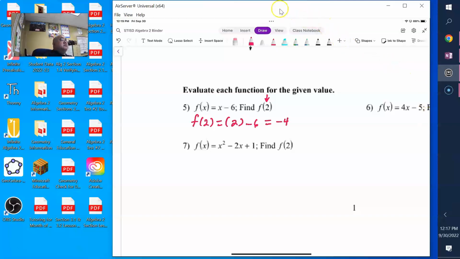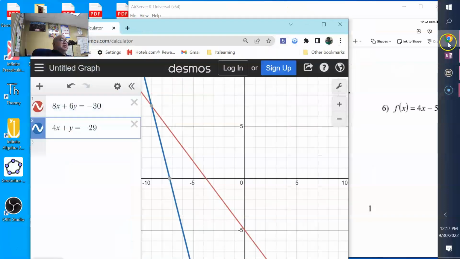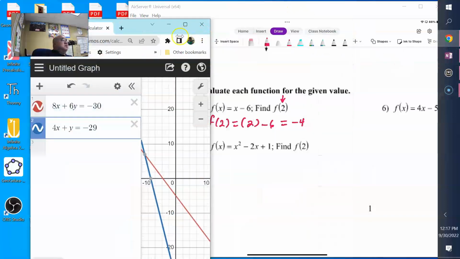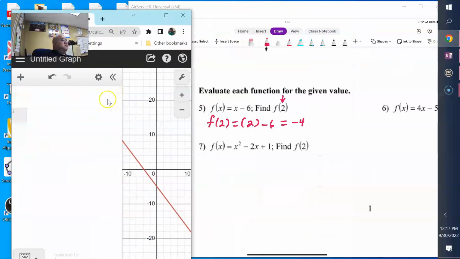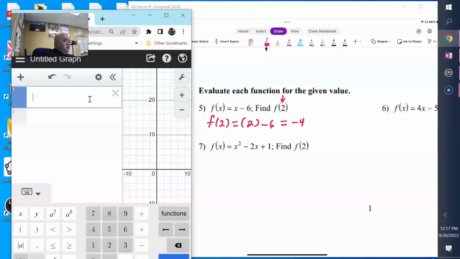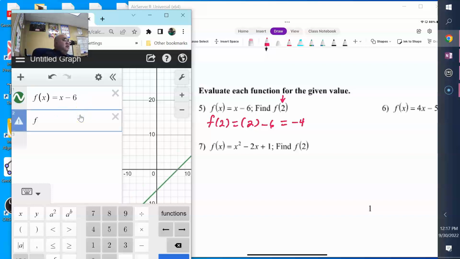Now, we do use Desmos. You could just type it into Desmos the way it looks. So I'm going to do it right here on the side. We have f of x equals x minus 6, and it does understand function notation. You see that? f of 2 is -4.